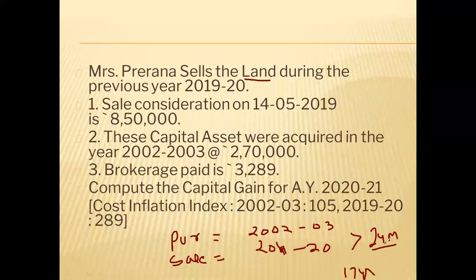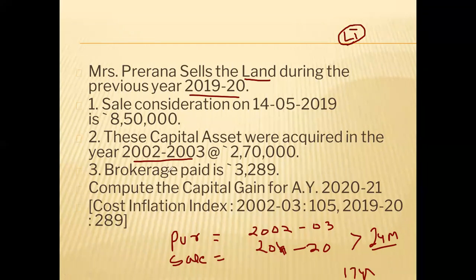24 months means you can say 2 years. Here in this case, purchase is in year 2002-3 and sale is in year 2019-20, so it will be obviously long term. Clear? So first you have to understand this.